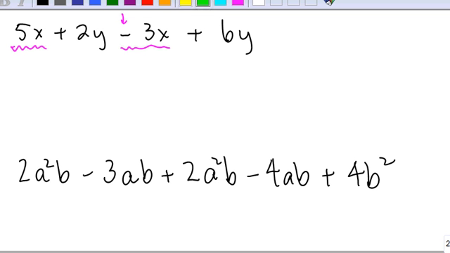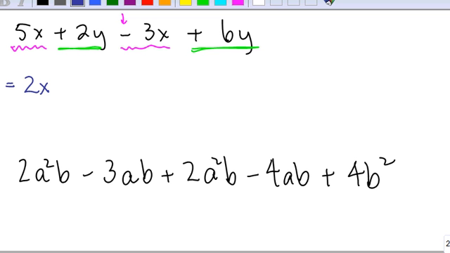The other pair of like terms is the 2y and the positive 6y. So now when I combine them, I have to combine the ones that are the same. In the first one, I'm going to do the pink ones. 5x minus 3x is 2x.